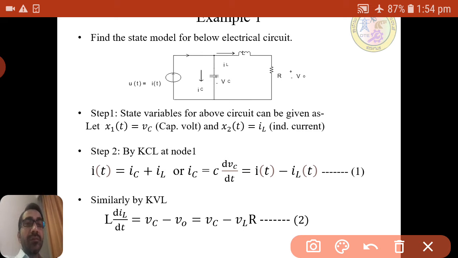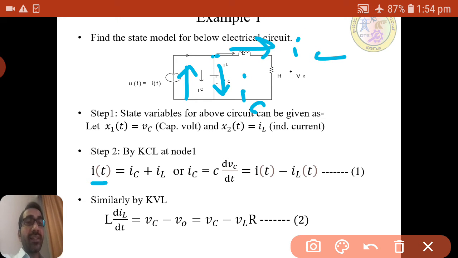Let us apply the KCL at node 1, at this point. Whatever current is flowing, I of t is equal to IC plus IL. So this is IL and this is IC.